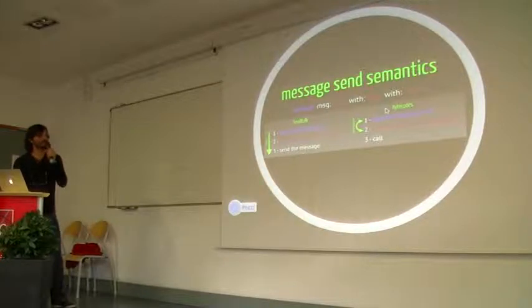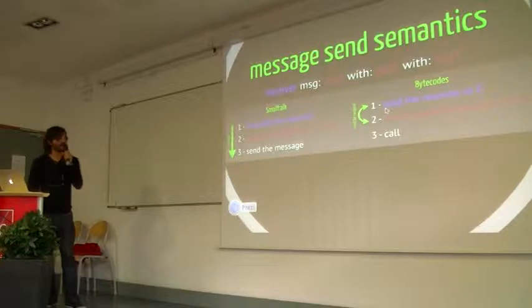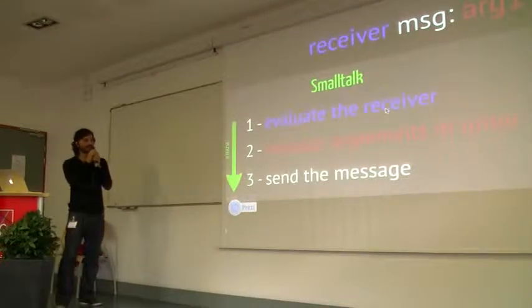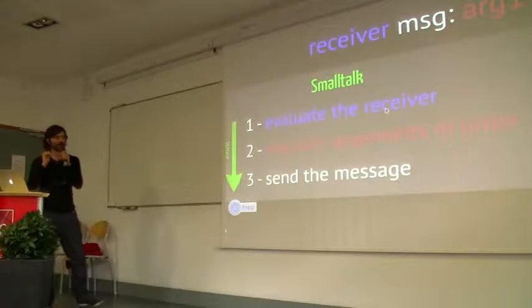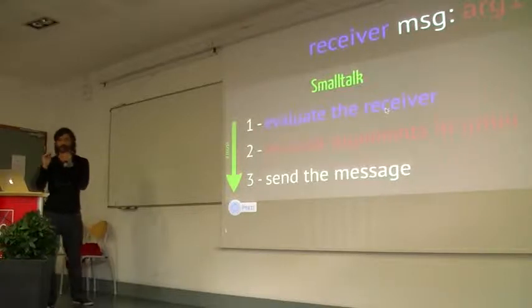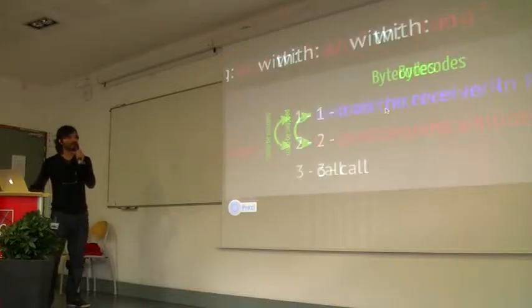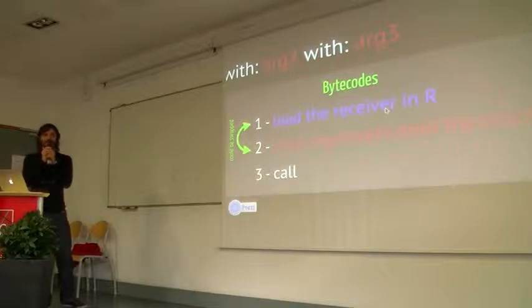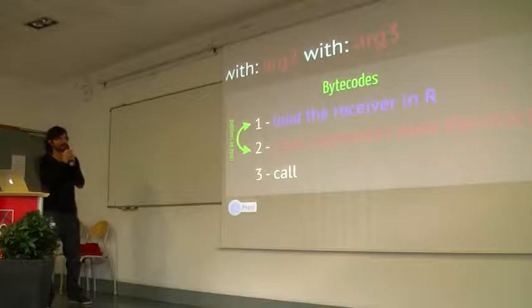Okay, regarding the semantics behind the message send, from the Smalltalk point of view, we have to honor these steps. They are: first evaluate the receiver, then evaluate the arguments in order, and finally send the message. This is a must. But from the bytecodes perspective, under certain special conditions, we can switch between the first step and the second one.